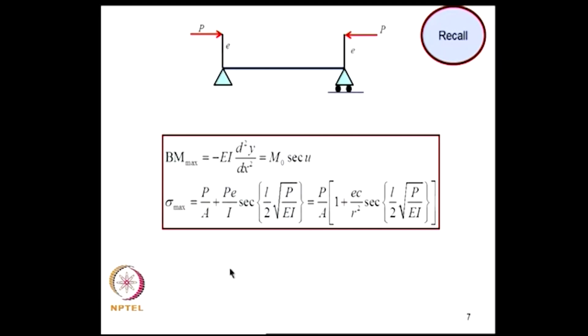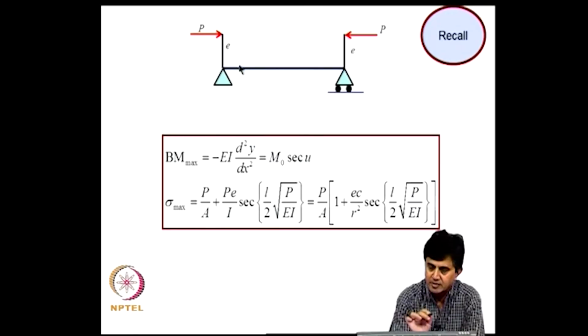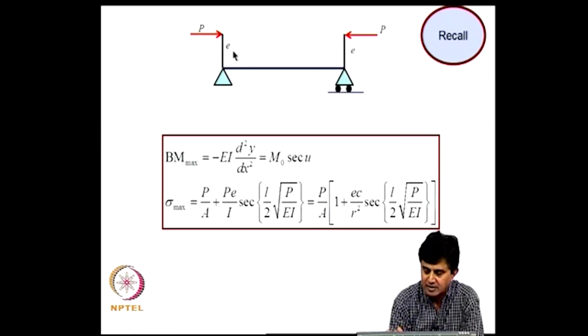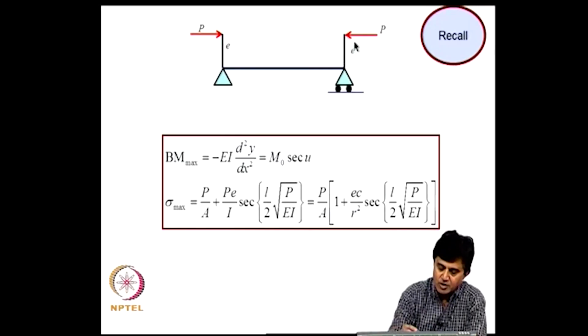We also considered what would happen if the axial load is applied eccentrically. In real applications one cannot apply axial loads truly axially, and one possible way of depicting that is that the load is applied with an eccentricity e. We analyzed this problem and showed that the maximum bending moment in this case is given by M naught into secant u.